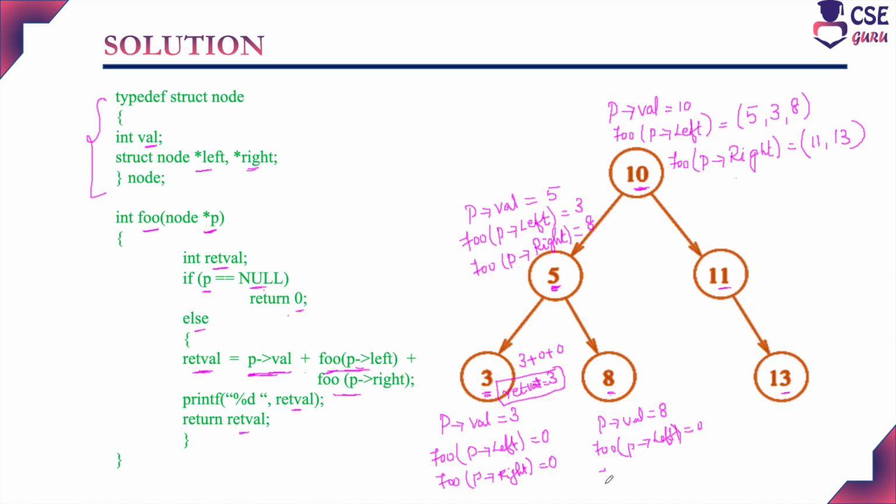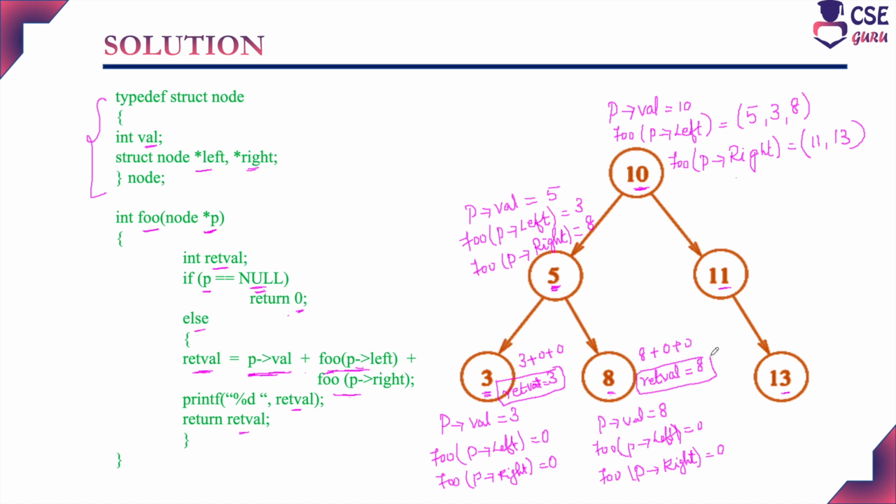Similarly, foo of p of right is 0, as it doesn't have a right node; p is equal to null and it will return 0 only. So the return value for this node 8 is p of value plus foo of left plus foo of right, that is 8 plus 0 plus 0. So we will get the return value as 8 for this node.